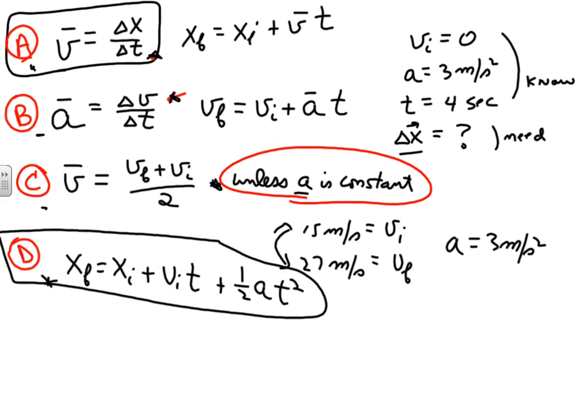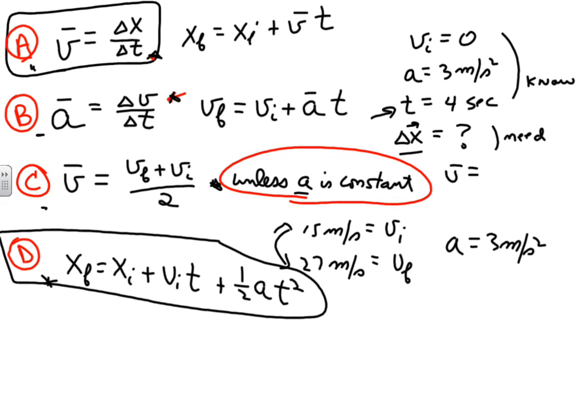Right now, hopefully, if you're playing along with me, you used equation A. It's the only one with a delta x in it if you ignore equation D. So, all I got to do to get how far is how fast, average-wise, V average, and the time. I got the time. So all I really got to do is know the V average.